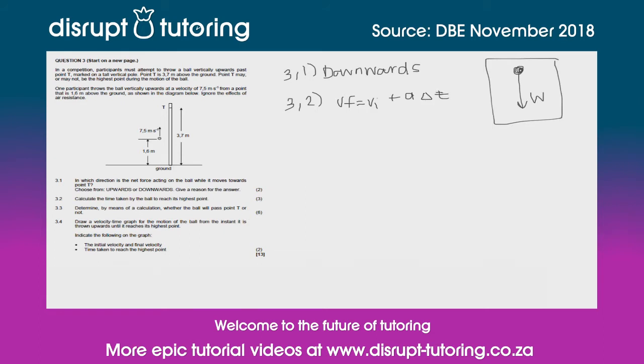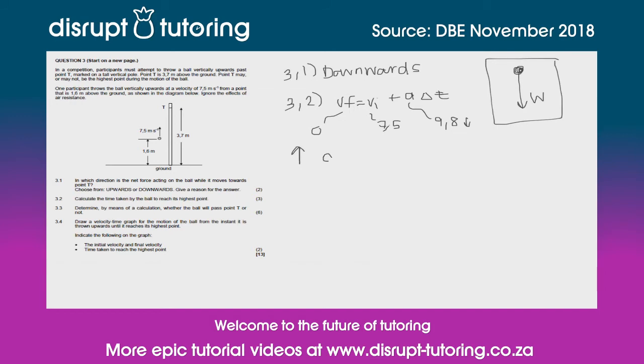The reason is that at its highest point, the final velocity is always 0. We know the initial velocity is 7.5 meters per second, and we know the acceleration is 9.8 meters per second squared downwards. First we choose a direction to be positive, so we're going to say up, because the motion is upwards.